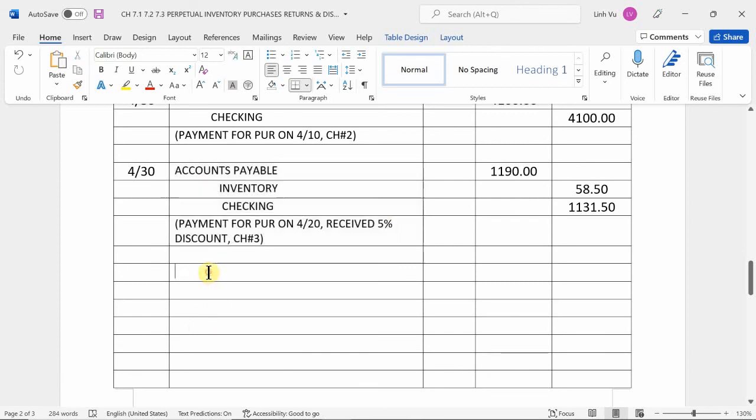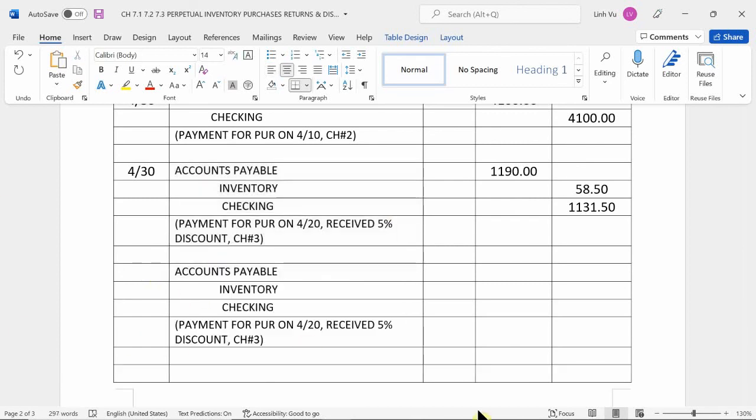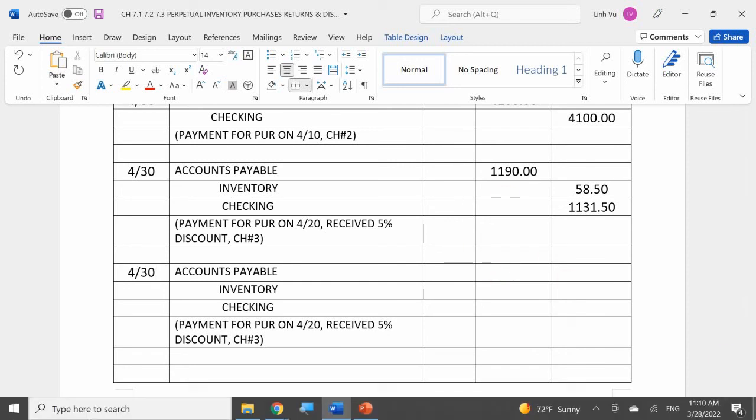So your journal is going to look identical to the previous one. Because in this case, how much do I owe? $3,175. But I can only discount off of $3,125.